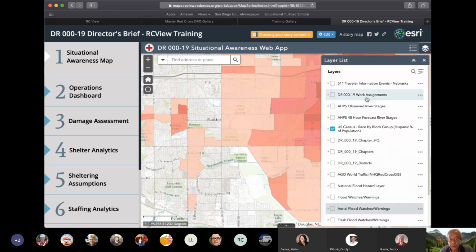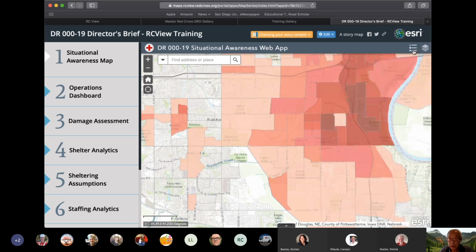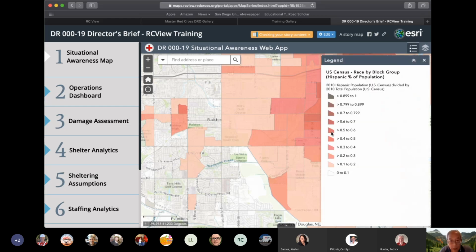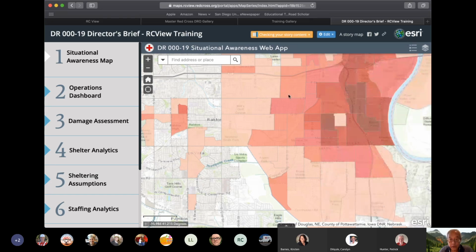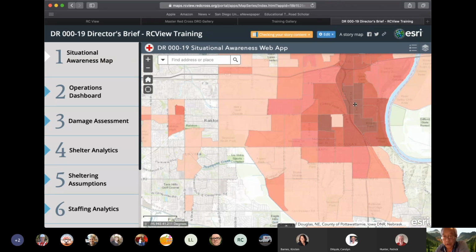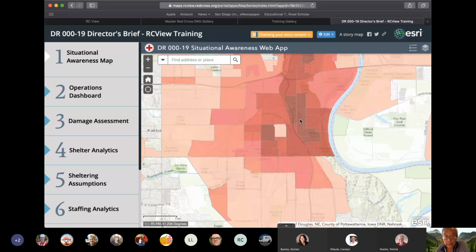Based on that density, it looks like, if I'm looking at this correctly, maybe a little higher, 0.5 to 0.6 of the population is Hispanic in this area. Some areas it's clear, so that means it's almost nothing. The darker it is, the higher the density.